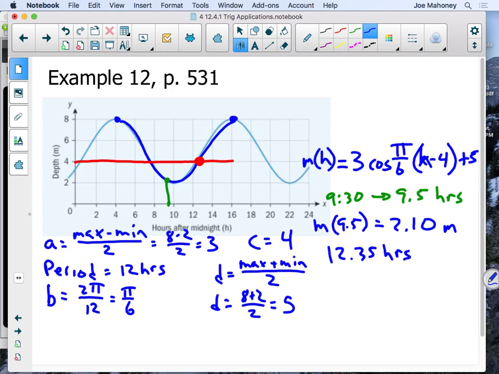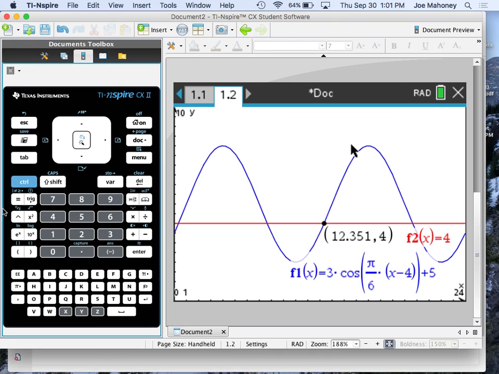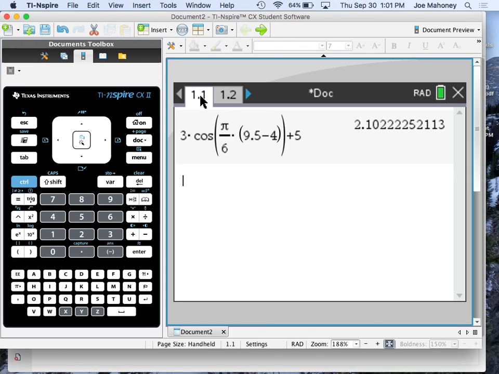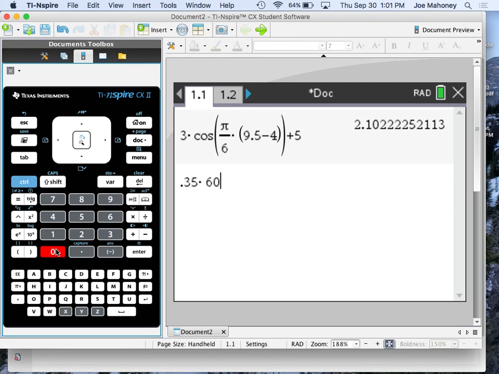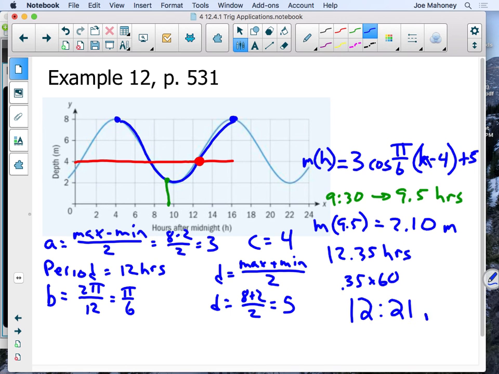Yeah, that's ugly though. Let's multiply 0.35 times 60 to figure out actually what time of day it's going to be. So if I go back here, 0.35 times 60 is 21 minutes. So he can leave the harbor safely at 12:21 p.m.